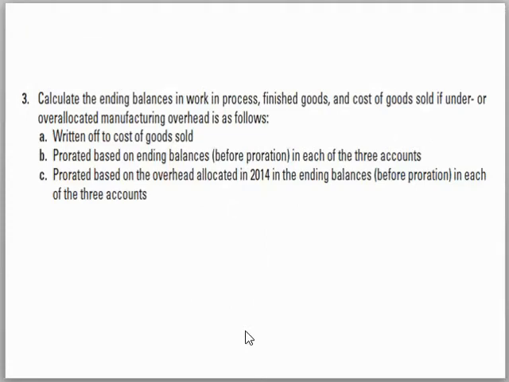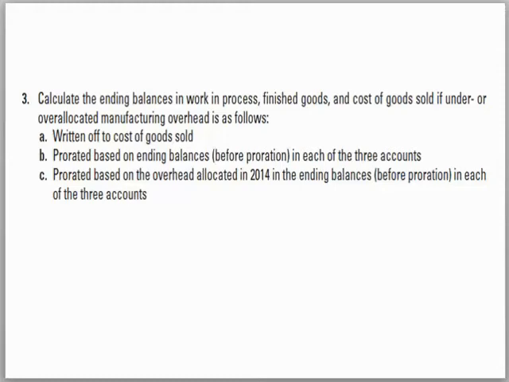Number 3, he wants us to calculate the ending balances in work in process, finished goods, and cost of goods sold if under or over allocated manufacturing overhead is as follows: written off to cost of goods sold, prorated based on ending balances before proration of each of the 3 accounts, and prorated based on the overhead allocated in 2014.